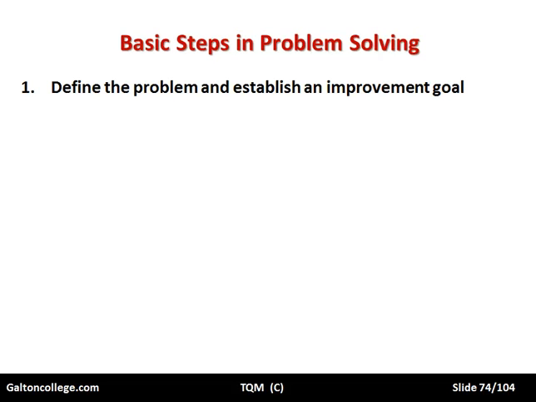Well, define the problem and establish an improvement goal. So if there's a problem, it's necessary to define the problem, to understand the problem, and then find an improvement goal. Find something that will replace the existing goal with something which is better. So define any problem and then look for some ways of improving the situation.